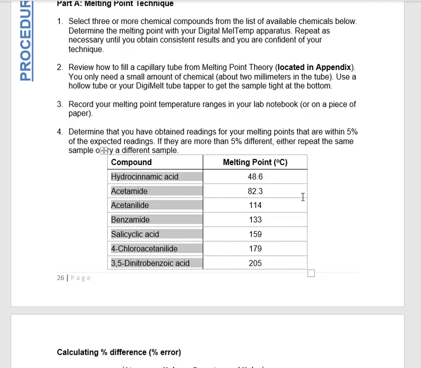You can see they all have a large difference, somewhere between 20 to 30 degrees Celsius between them. So each of them can be easily distinguished from one another in the digimelt, looking at when they melt.